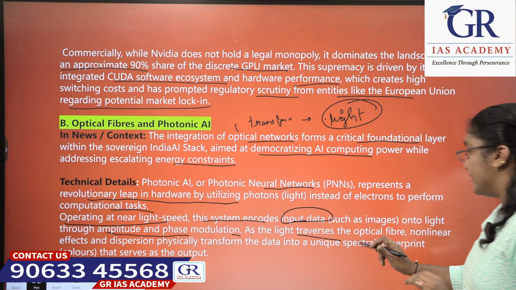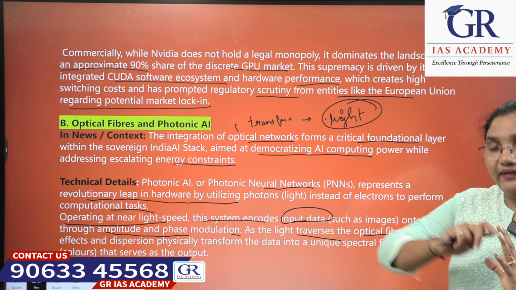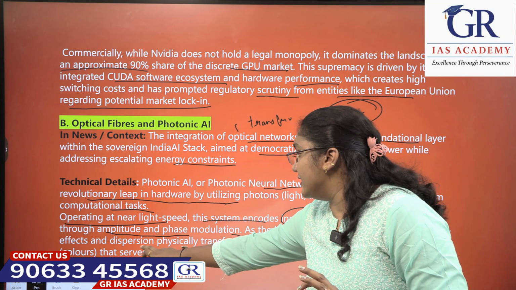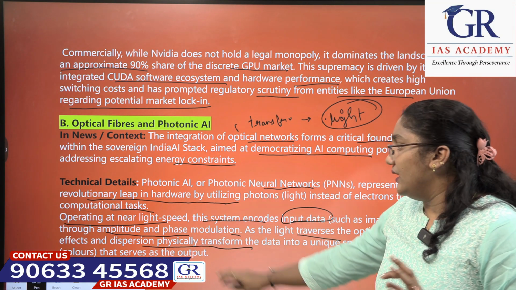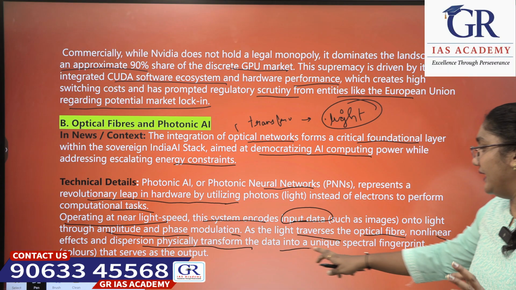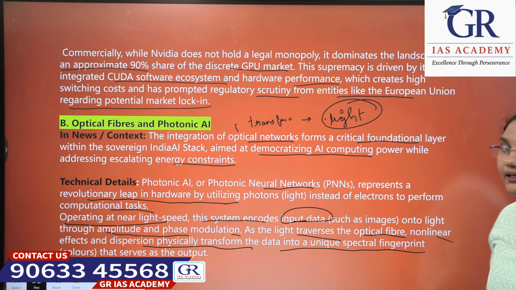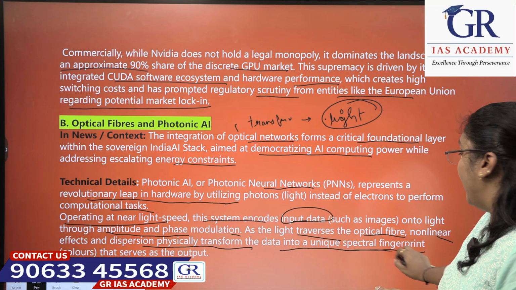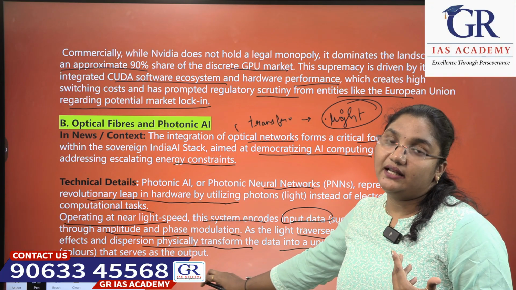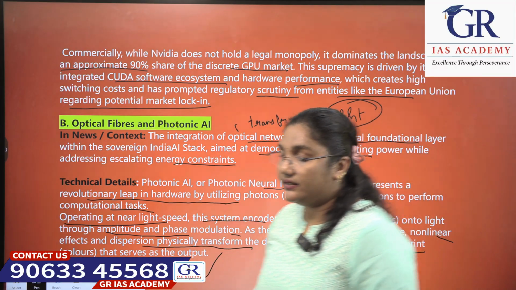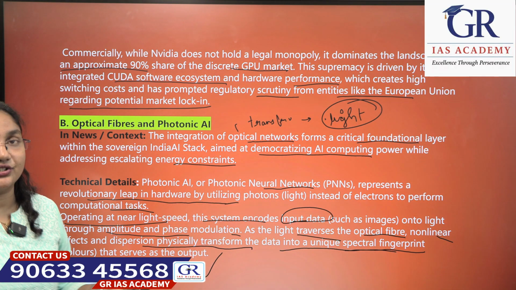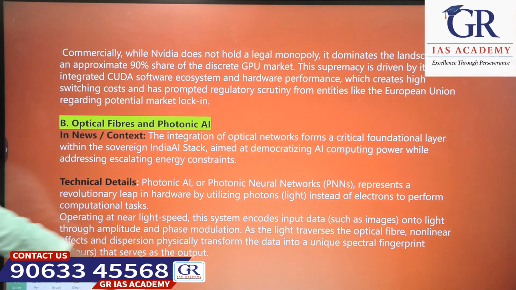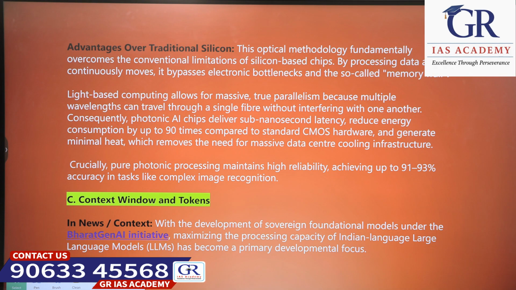As the light traverses the optical fiber, non-linear effects and dispersion physically transform the data into a unique spectral fingerprint. It transforms the complete data into unique spectral fingerprints that serve as the output, which is very fast. Transmitting the data is also very fast using these optical fibers. These are a few technical details of optical fibers and photonic AI.